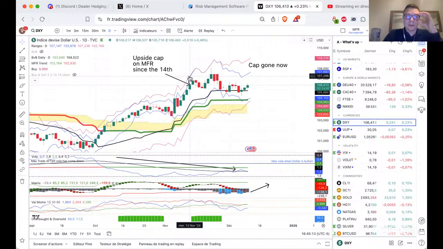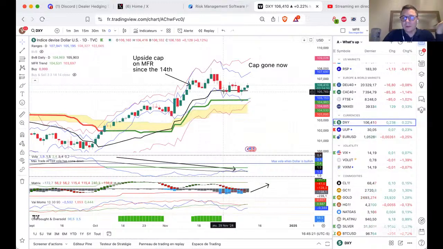So what happened was it tried to go, failed, and you started to get what seems to be a consolidation, not a sell-off. And I'm thinking consolidation because at the same time we started to see this thing go down.